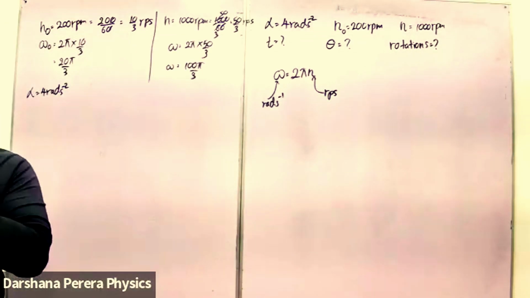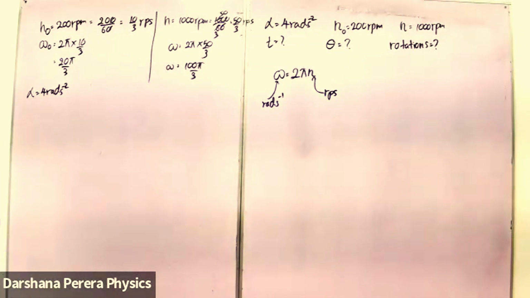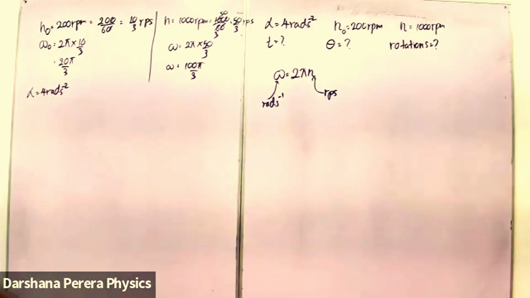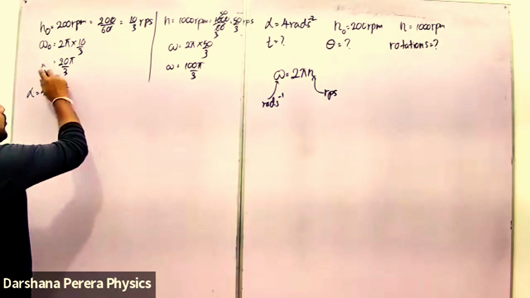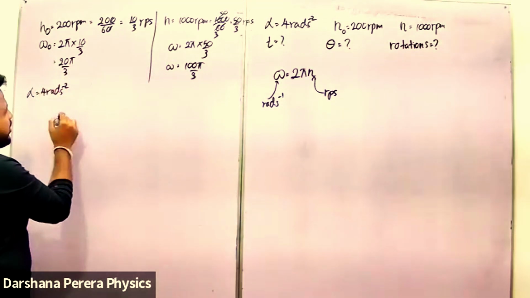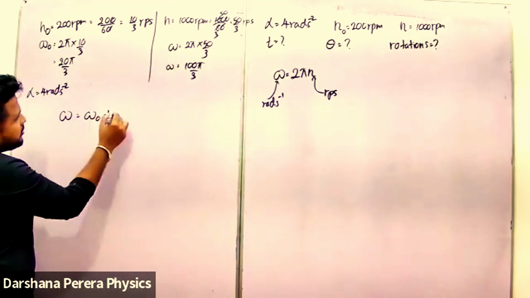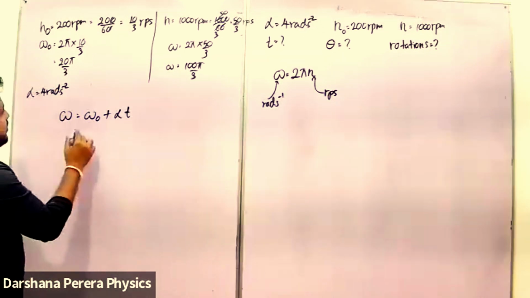First of all, we have to find the time. How to find time? We know omega, omega naught and alpha. Therefore we can use omega equals omega naught plus alpha t, like v equals u plus at. Right?